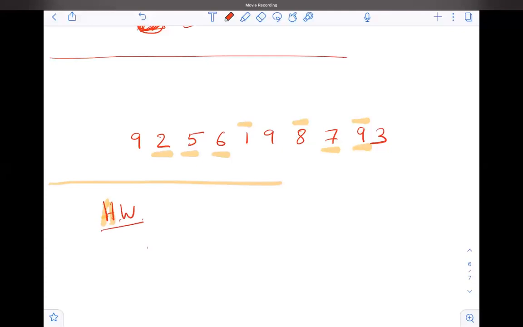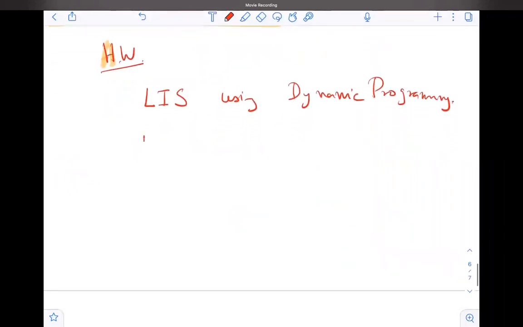So homework is LIS, longest increasing subsequence, using dynamic programming. Find out the recurrence and prove that the recurrence is correct. Tell me how you will fill up the matrix, and then finally the time complexity. So number 1, write the recurrence.